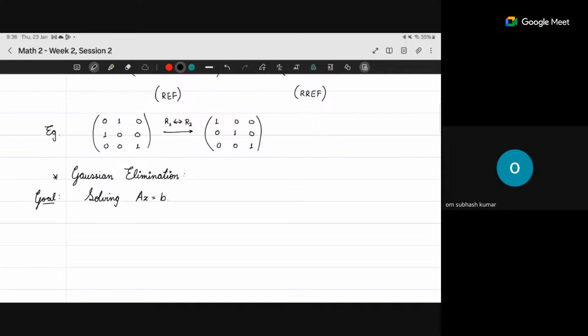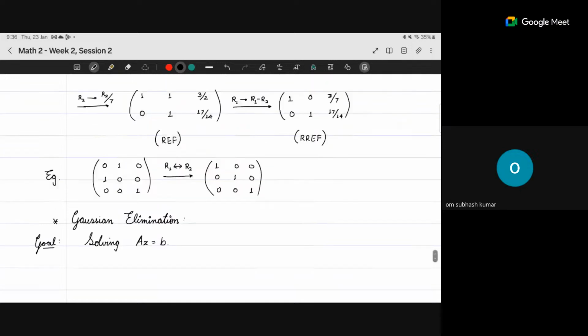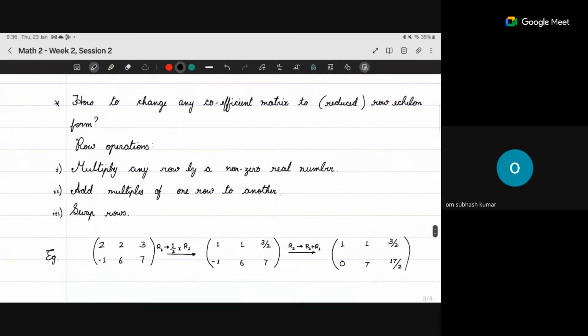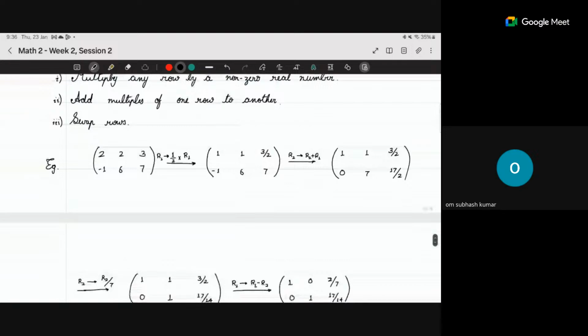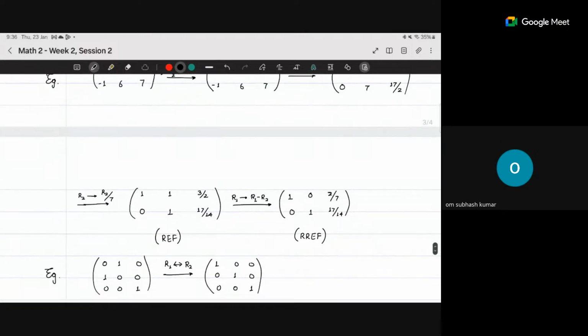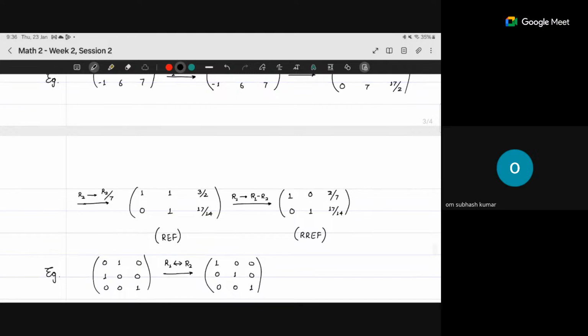But otherwise, we don't. And what we saw so far in this session is that if you have a general matrix, there is a way to convert it to a nice matrix. By a nice matrix, I mean REF or RREF. And once you have a nice matrix, then solving an equation is easier, right?